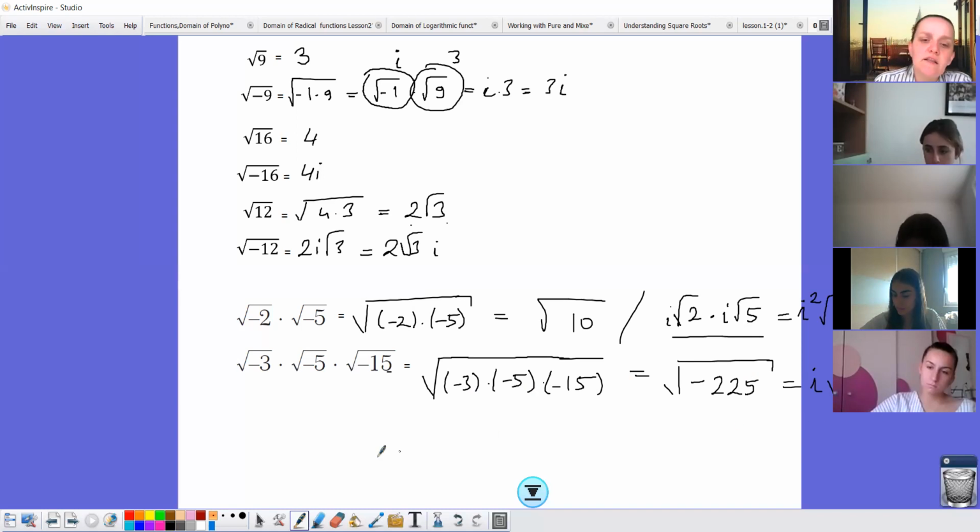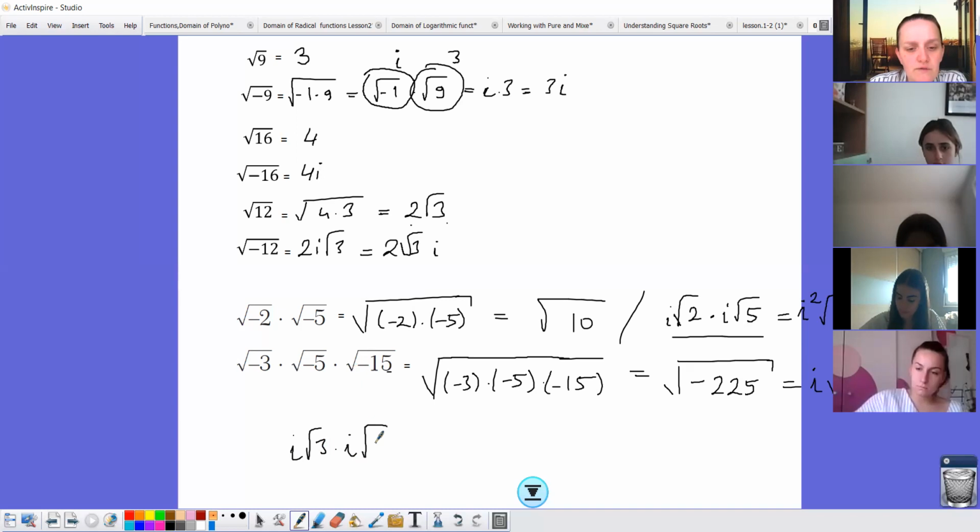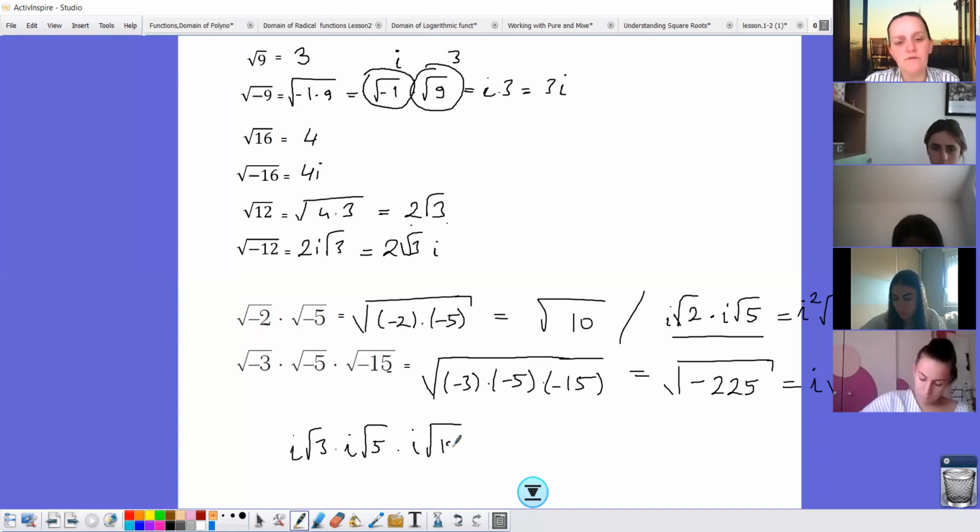Doesn't matter. See another way, if we take i out. So here I will have i root of 3 times i root of 5 times i root of 15. Again it changes. i times i is i squared, which is -1, and times i will be minus i root of 225, which is 15.